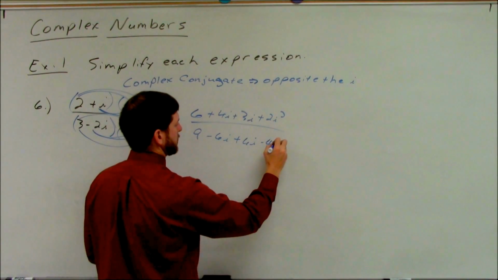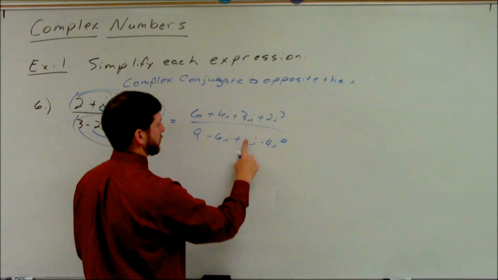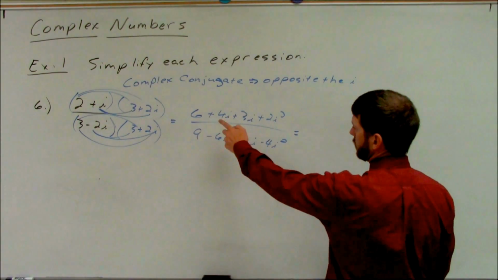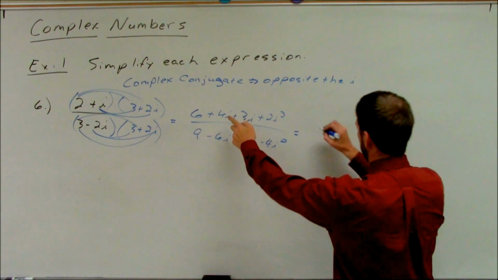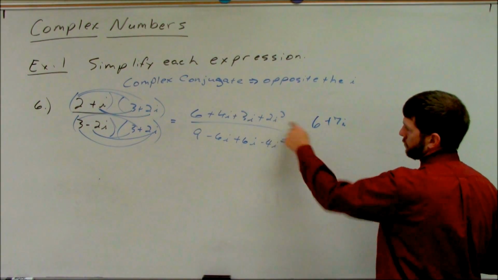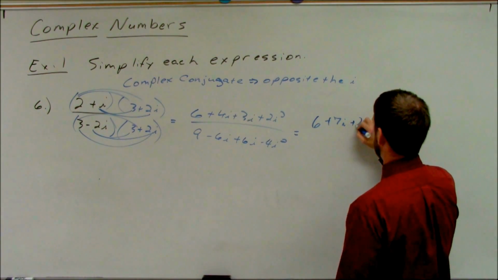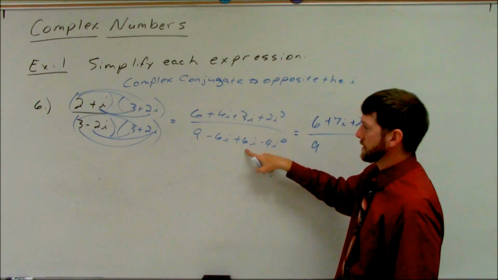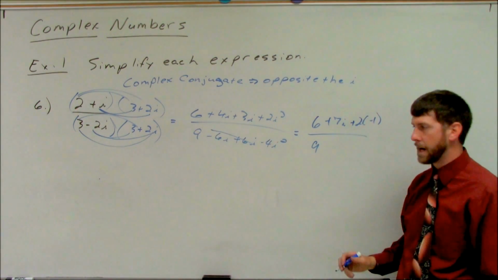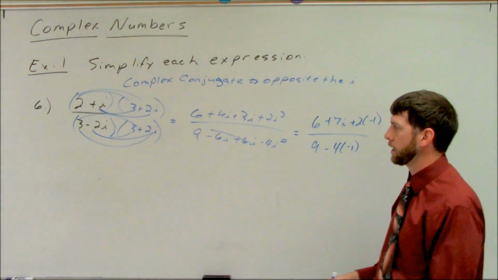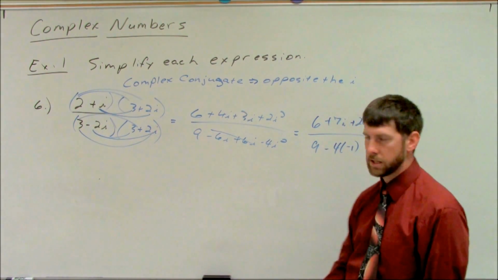So we're just distributing. We'll go through and combine our like terms. Let's clean it up. So 6 is 6. 4i and 3i is 7i. 2i squared is going to be 2 times negative 1. 9. Negative 6i, positive 6i cancel, so our i's are gone. Because we know i squared is negative 1. That's why we multiply by the complex conjugate, because it will cancel out the i.